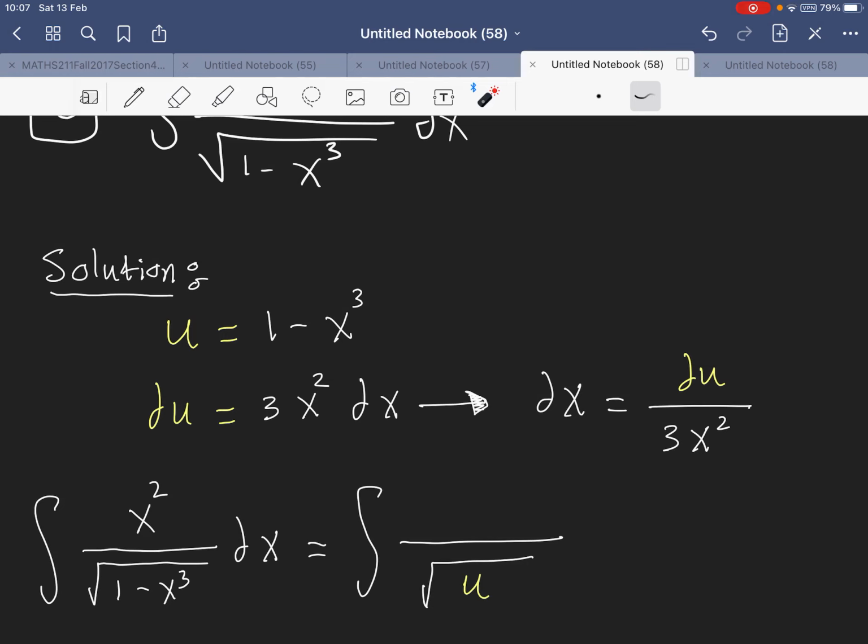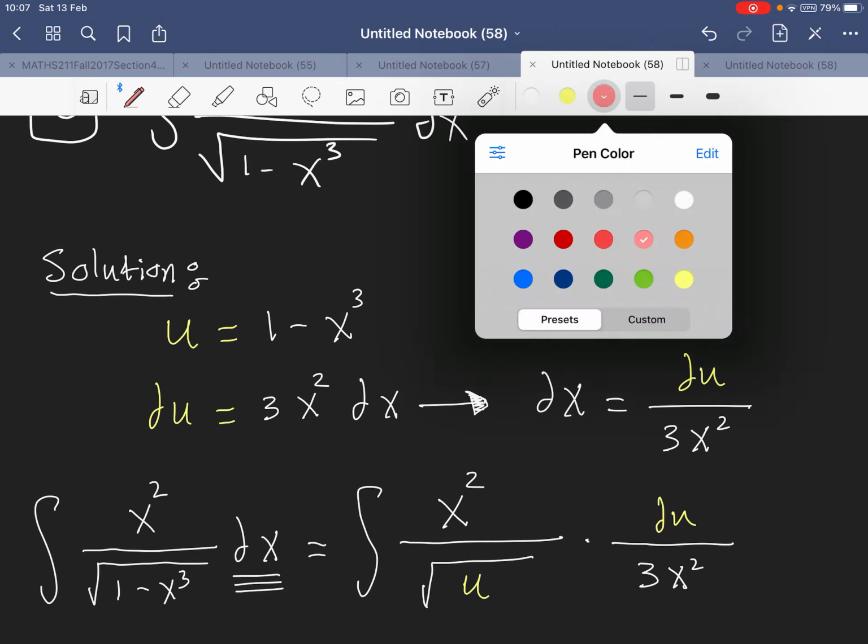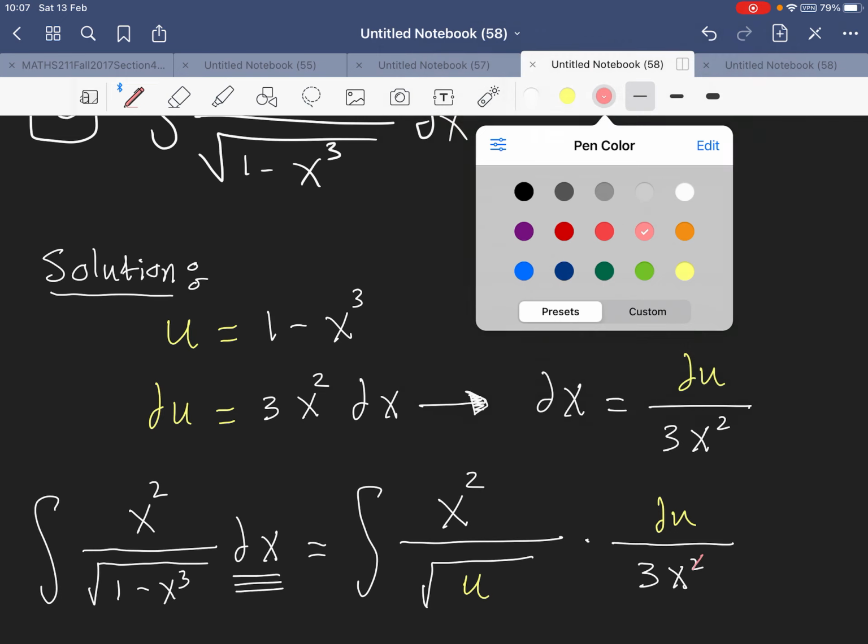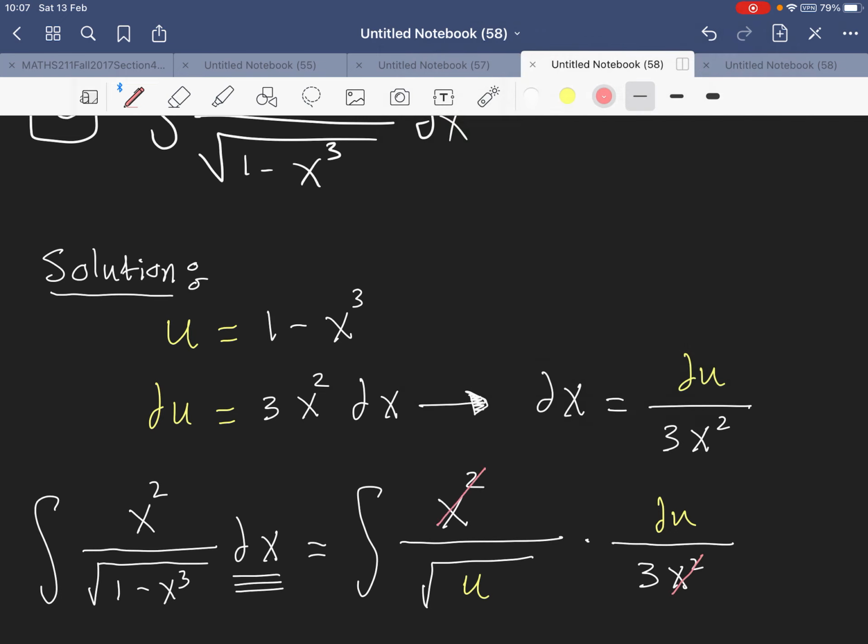The x squared on the top, I will just keep as x squared. And then, instead of dx, I will write du over 3x squared. This will lead to cancellation of x squared and x squared. The 3, because it's a constant, will go outside the integral.